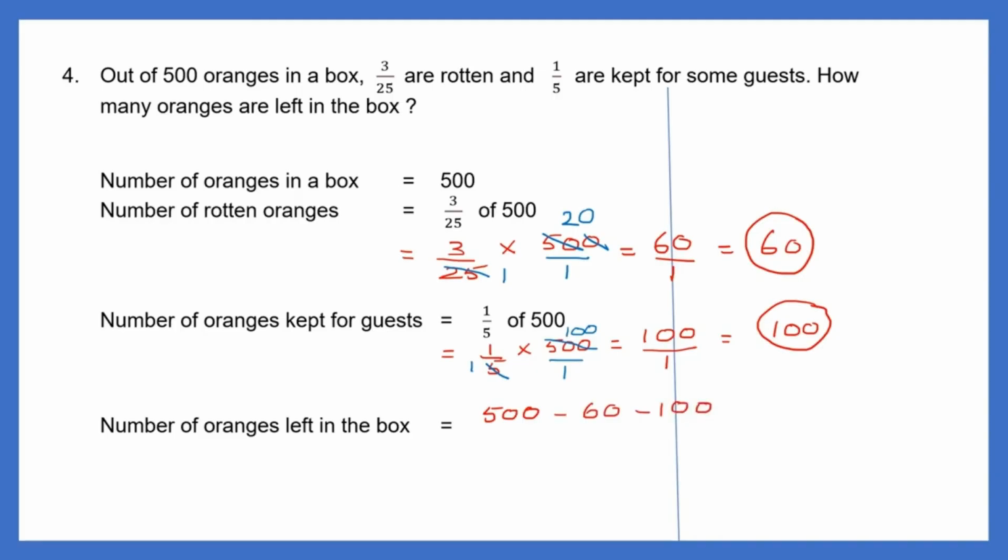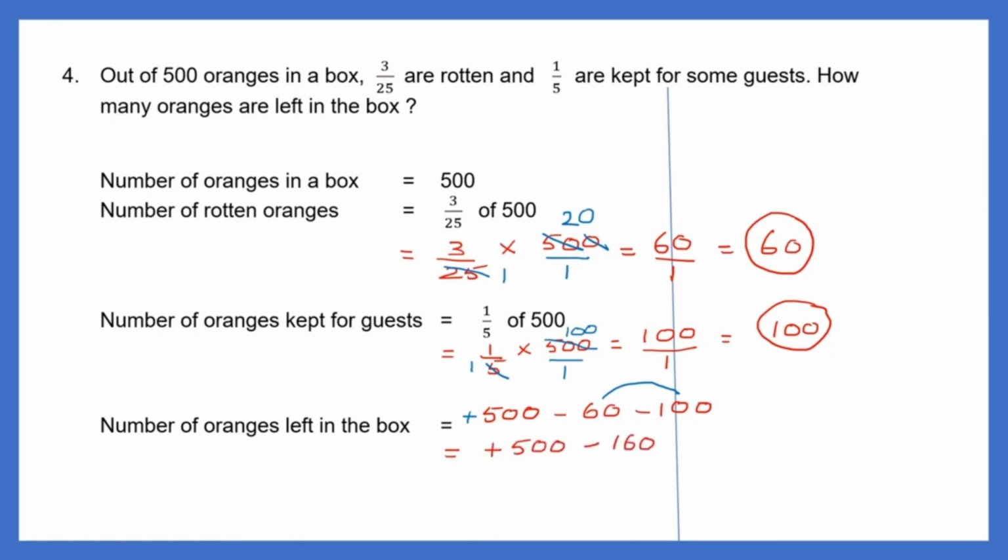Now remember, you know how to do integers operations. Let's give them all signs. So this is a plus sign. Let's add up the numbers with the same sign. Add up these two. Okay, 60 plus 100 is 160. So here we get plus 500 minus 160.